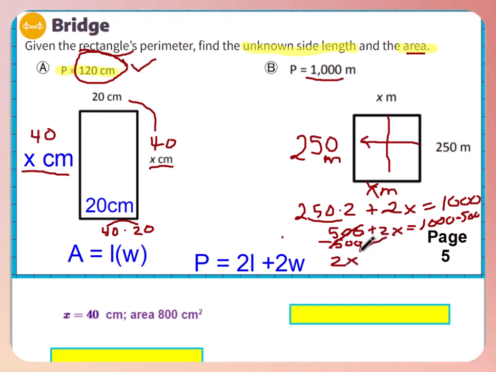Bring down your equal. And then 1,000 minus 500 is 500. Divide both sides by 2. And 2 over 2 is 1, so that cancels. Bring down your x. X is equal to 500 divided by 2 is 250.